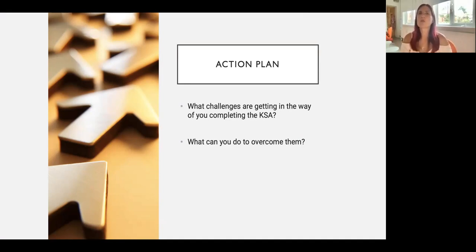Just come up with a rudimentary plan and give it a go, because that's going to take you one step forward to either getting on a course or getting called for interview, because we know that you really should have that KSA completed before you apply for the high intensity training positions if it's a level 2 accredited course. And if it's provisional, you just want to get this out of the way and get on with life. So go away with a bit of an action plan today.